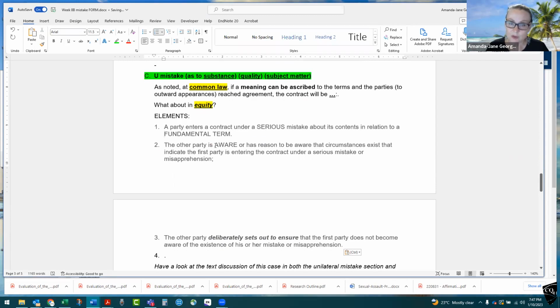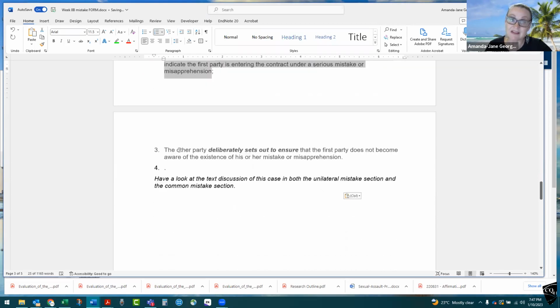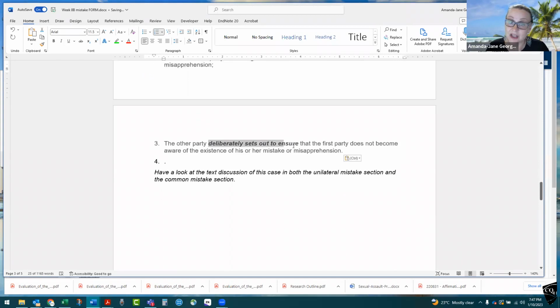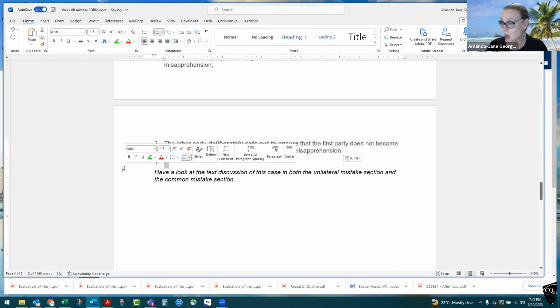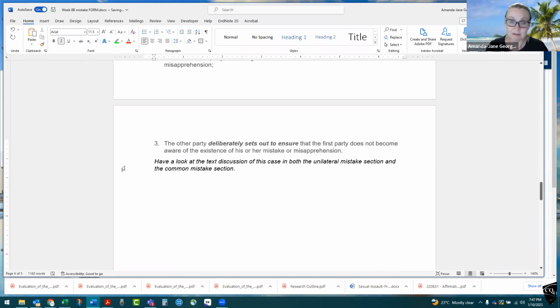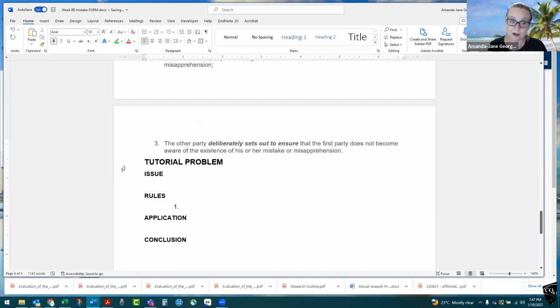The other party is aware or has reason to be aware that the first party is under that mistake, so they know the other party is mistaken, and then they deliberately set out to ensure that the first party doesn't become aware of the mistake.